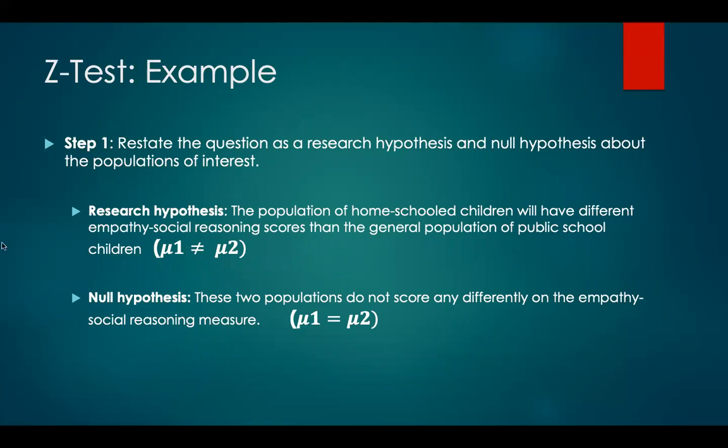In other words, the mean of homeschool children on this measure will be not equal to the mean for public school children. And the null hypothesis would be that these two populations do not score any differently on this measure. Or in other words, the mean of homeschooled children is the same as the mean of public school children.